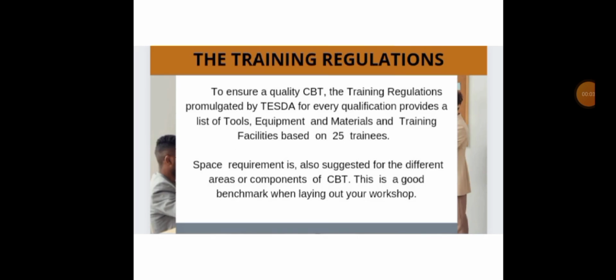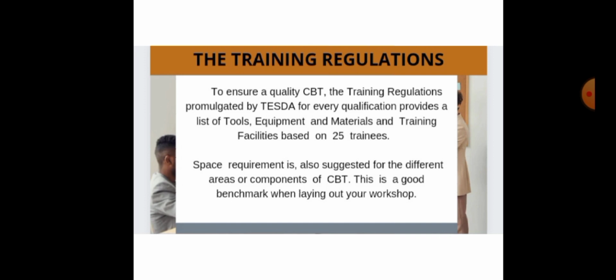Okay, let us have the training regulations. To ensure a quality CBT, the training regulations promulgated by TESDA for every qualification provide a list of tools, equipment, and materials and training facilities based on 25 trainees. Space requirement is also suggested for the different areas or components of CBT. This is a good benchmark when laying out your workshop.